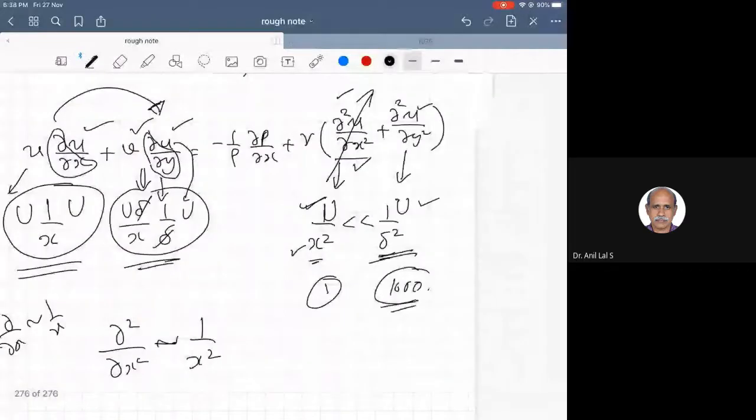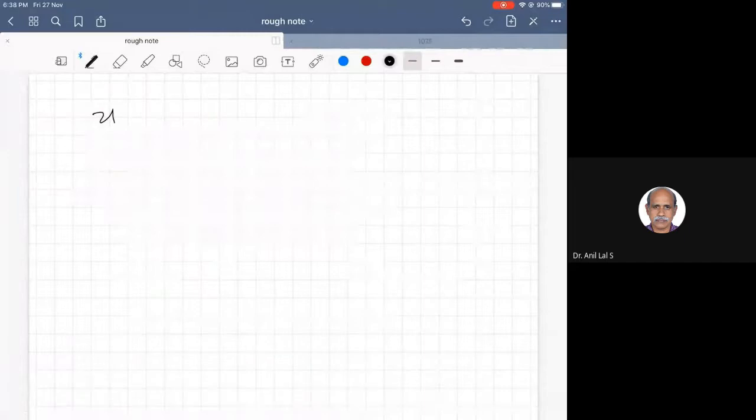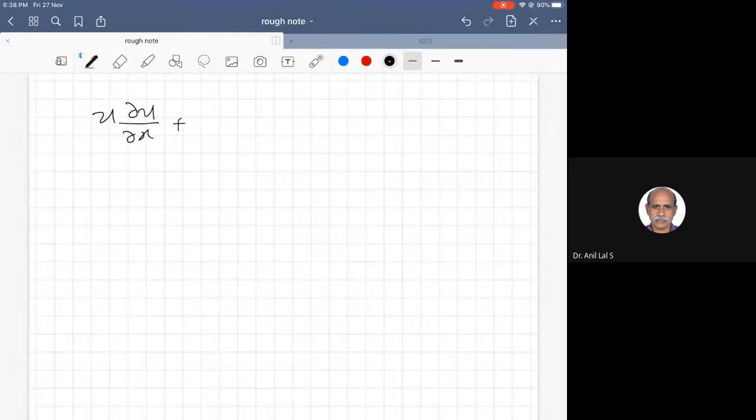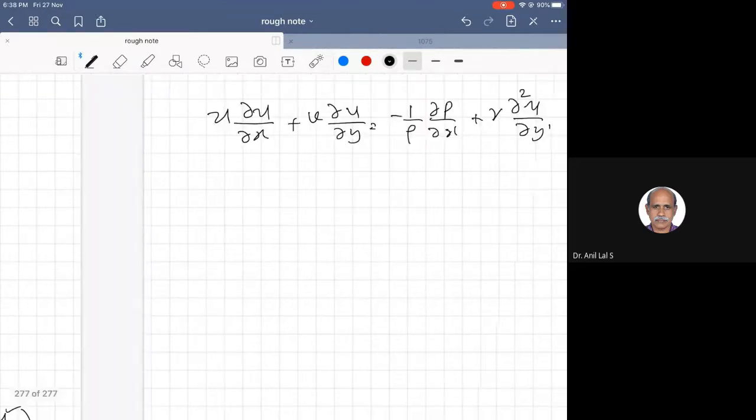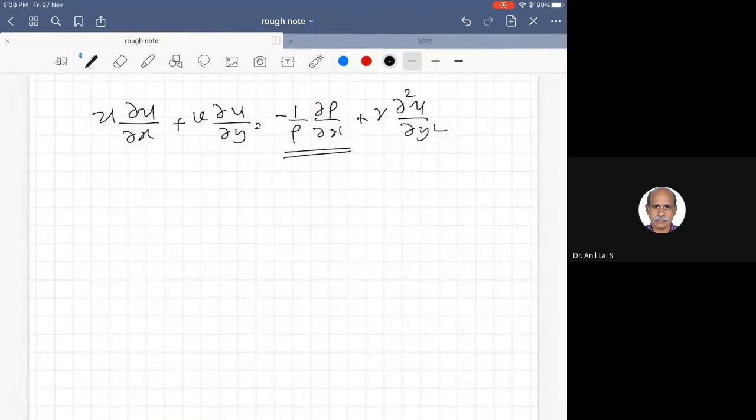So we can write the u momentum equation for the boundary layer as per Prandtl's theory: u dou u by dou x plus v dou u by dou y is equal to minus 1 by rho dou p by dou x plus mu into dou squared u by dou y squared. Of this, we can again come to some conclusion about some substitution for this pressure gradient term.